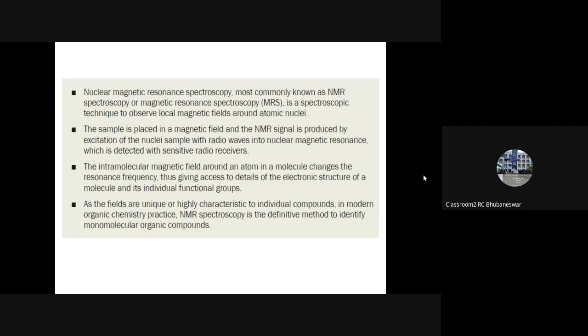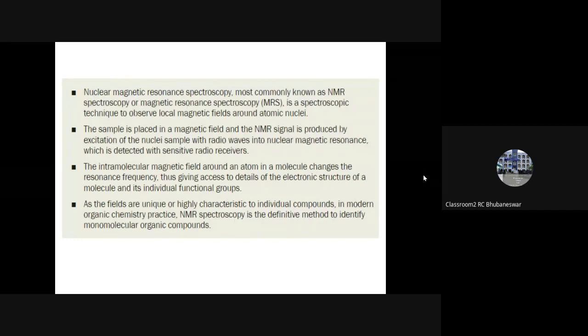In my past class, I told you two categories of spectroscopies: molecular spectroscopy and resonance spectroscopy. Under resonance spectroscopy, NMR and EPR all come. Today we have to finish NMR spectroscopy, mass spectrometry, as well as some structural elucidation. Suppose you are in a pharmaceutical industry synthesizing some pharma molecule, but how do you know whether you prepared that molecule perfectly?